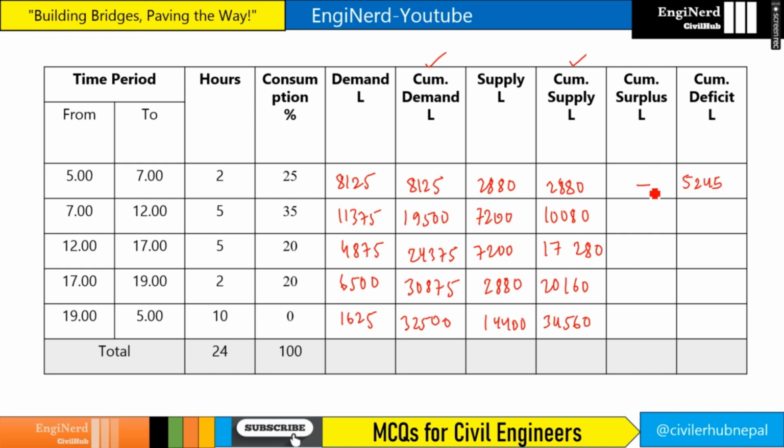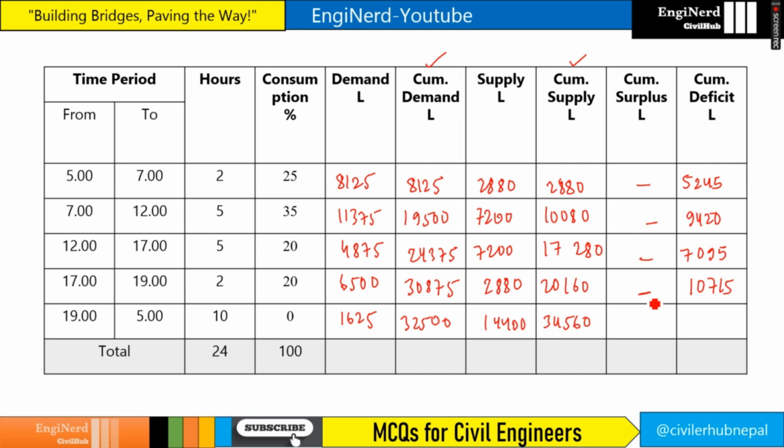And again 19500 minus 10080, and it will be 9420 in the deficit part, and again 24375 minus 17280 in the deficit side as well, 7095, and another 30875 minus 20160, it will be 10715 in the deficit part.